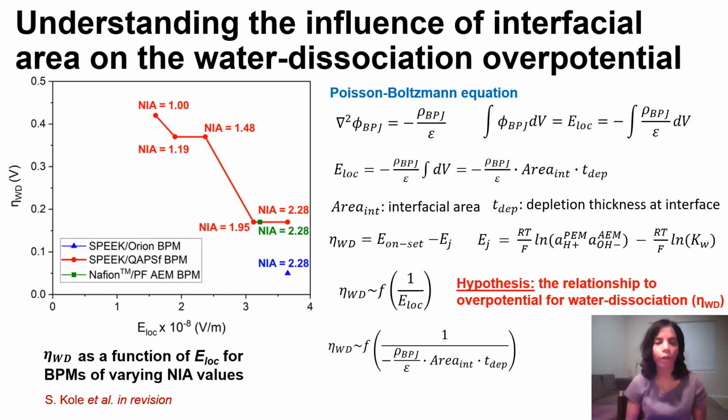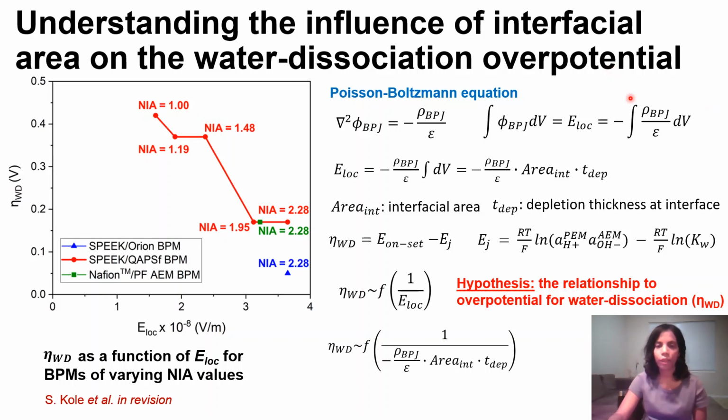In this plot, the onset overpotential for water dissociation as a function of local electric field for different NIAs as well as different membrane chemistries of BPMs is plotted. So we can see that as we reduce the feature sizes and the interfacial area increases, there is a decrease in onset overpotential.